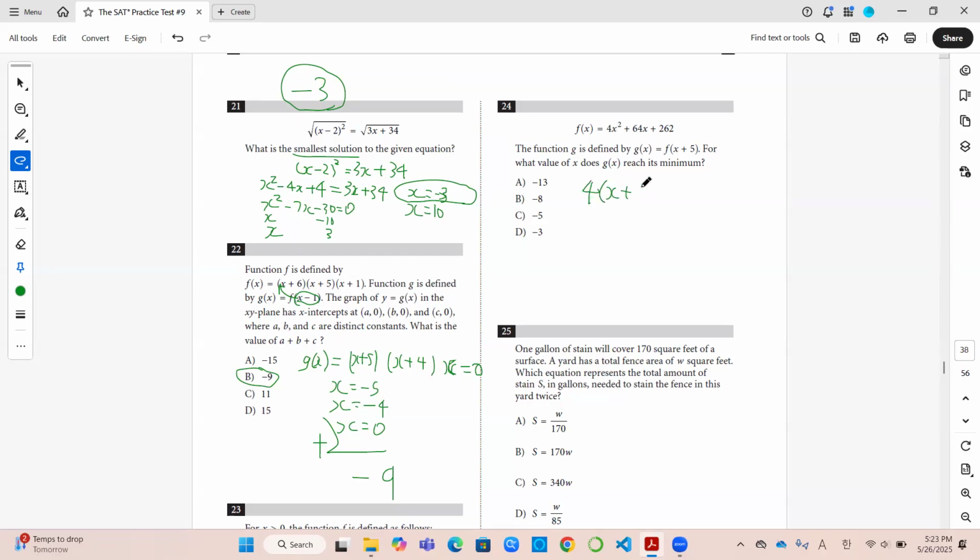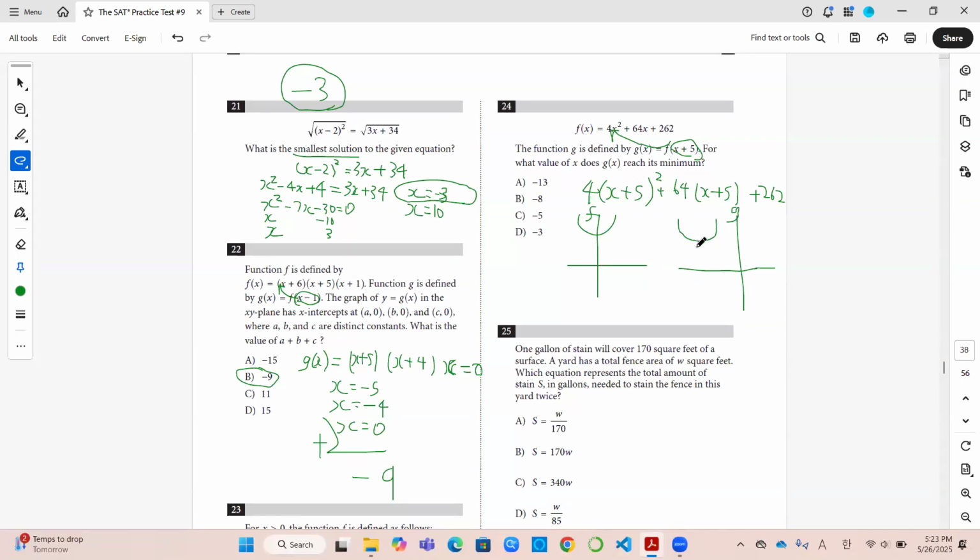Instead of x, put this x plus 5 over here. So basically g of x, if we have f of x, it'll look something like this. This is for f, and for g, it's basically 5 units shifted to the left, so somewhere here.